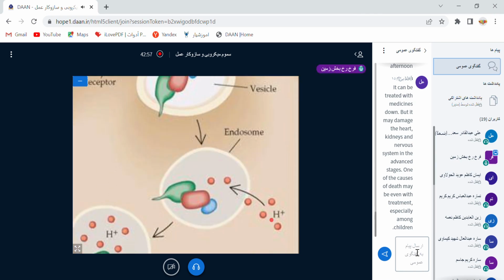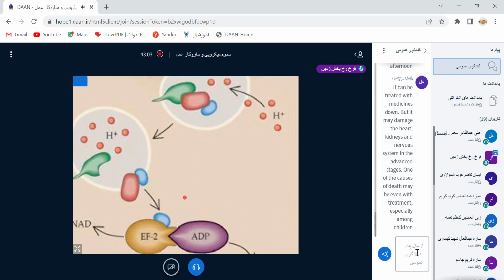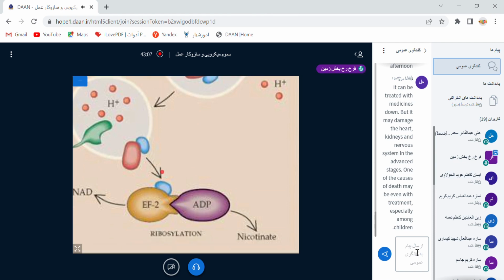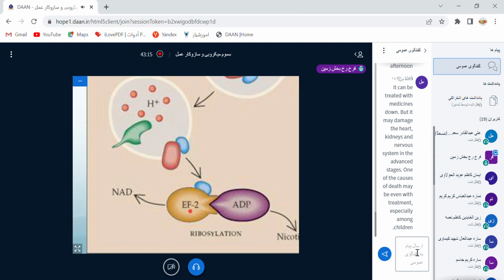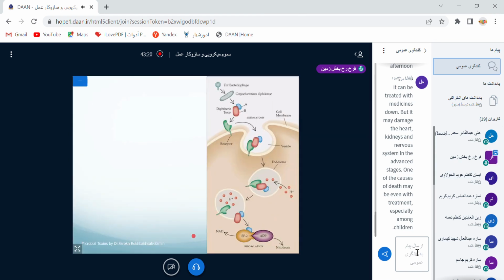Then by proton pump acidification, only A is released, and A goes to find EF2, and by ADP ribosylation stops its job by stopping EF2.